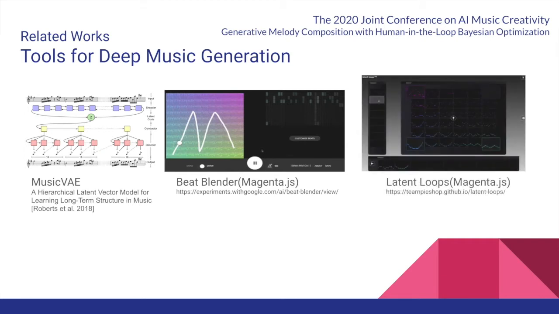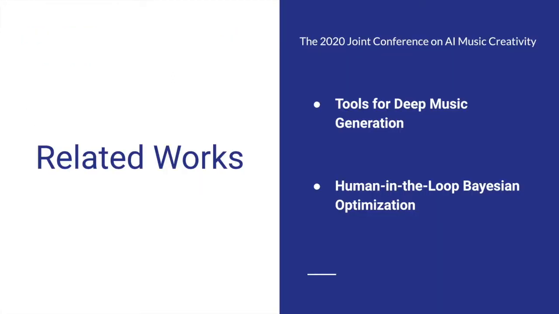Our system used the pre-trained MusicVAE model and considered its smooth latent space. While we share a similar motivation, we focus on investigating the approach of formulating the task as a human-in-the-loop optimization. I will introduce Bayesian optimization and human-in-the-loop Bayesian optimization in the next slides.